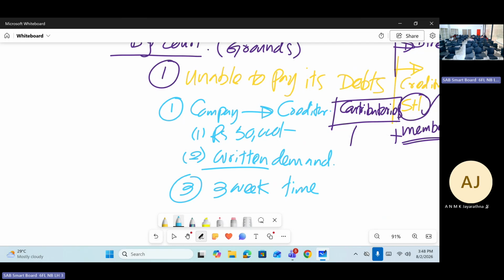Then the court will intervene to liquidate the company. This is liquidation by court. After disposing the assets, the court settles the creditors.